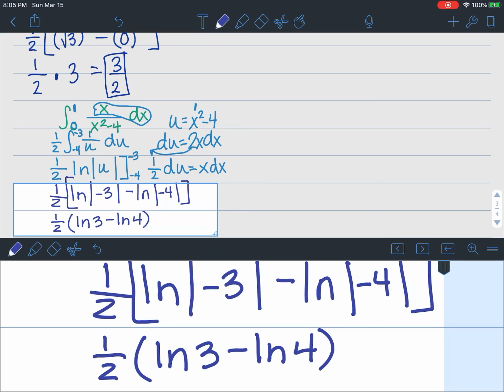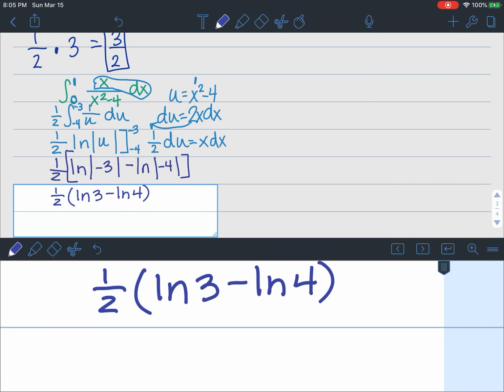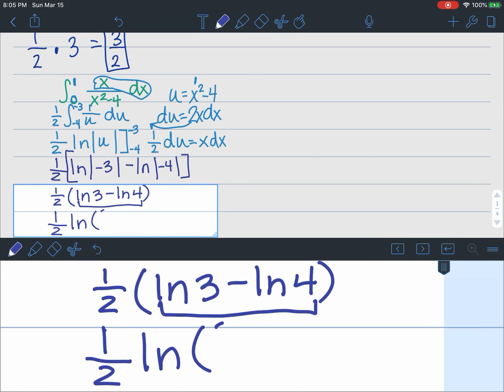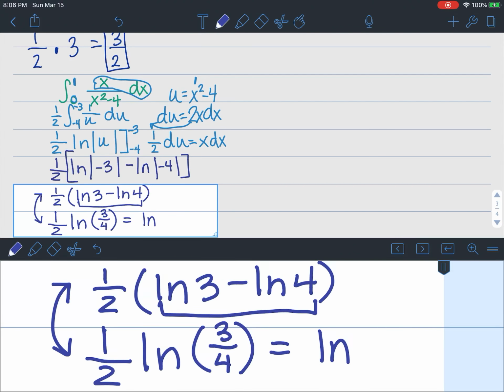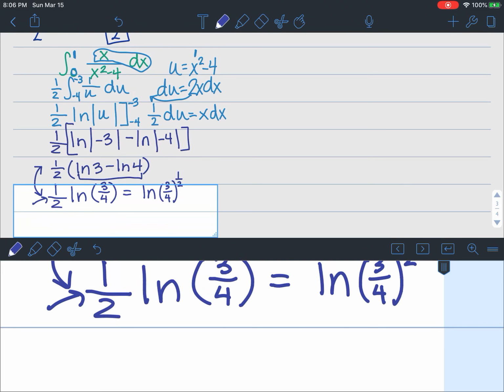So now there's a little bit of algebra here to think about. If you remember from pre-calc or algebra 2, when you are subtracting logs of the same base, they can turn into a fraction all in one log. So these are completely equivalent forms. Not a big deal, but kind of a big deal if you're looking at multiple choice answers. Also remember that a coefficient in front of a log is the same as an exponent on the argument. That's what this thing is here, the argument.